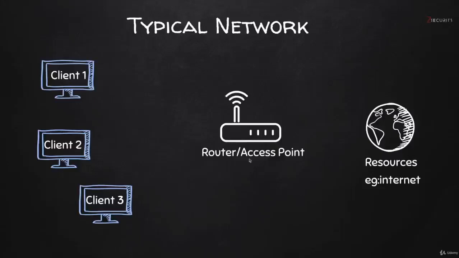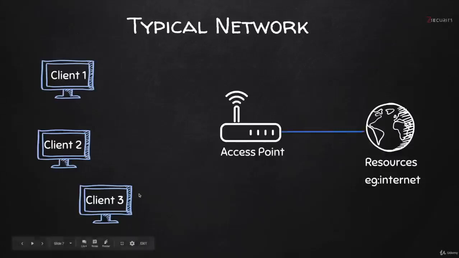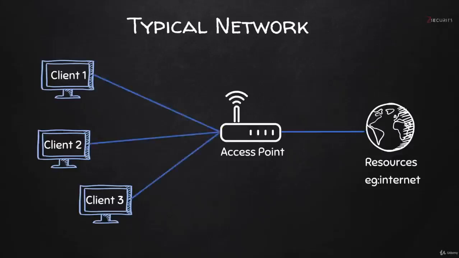This router, server, or access point is the only device that has access to the resource. So none of these clients have direct access to the resource even after connecting to the network. The only way they can access the resource is through the access point.